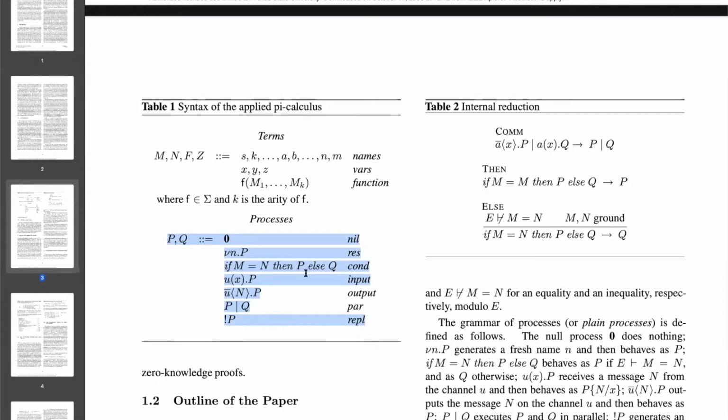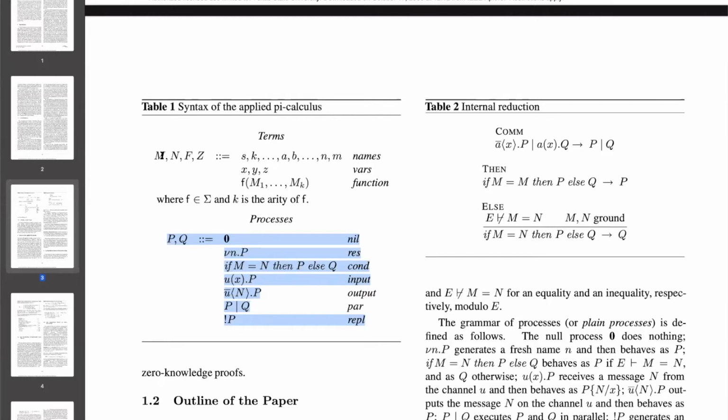So this is very much like the rho match, right? You can implement if then else using match and vice versa. And now input is the same. So this would be our for comprehension. You've got a variable on a channel. Output is different. So output is drawn from something up here.